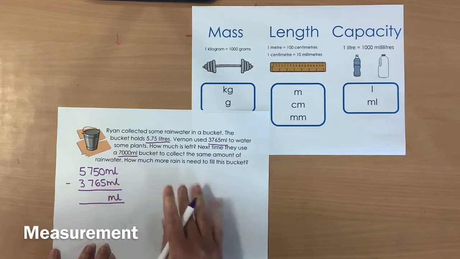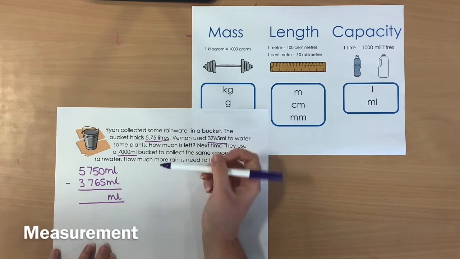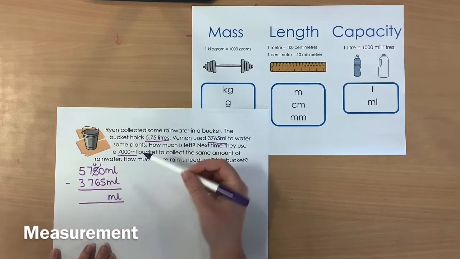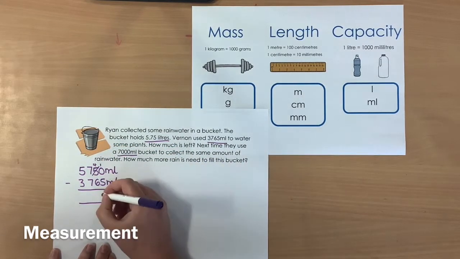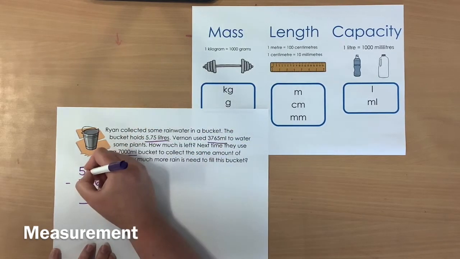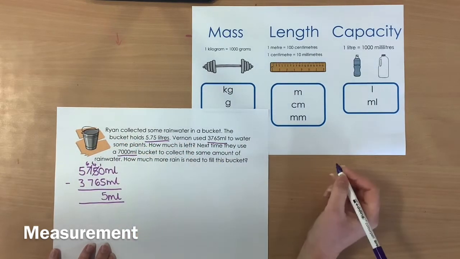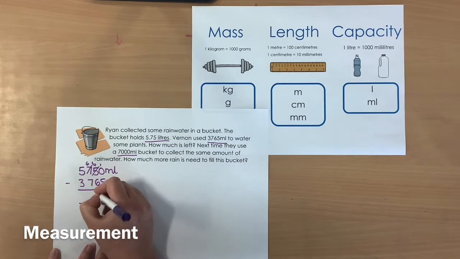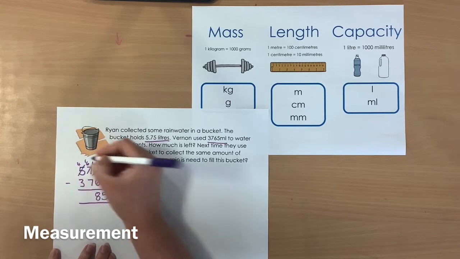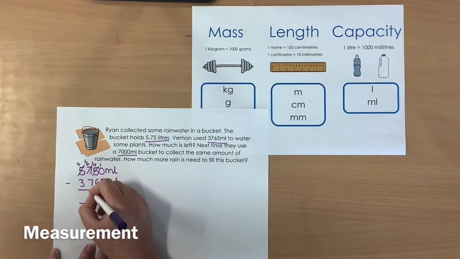To work this out, starting with my ones, 0 ones subtract 5 ones, I can't do, so I'm going to need to regroup. Now 10 ones subtract 5 ones is 5 ones. 4 tens subtract 6 tens, once again I can't do, so I need to regroup. 14 tens subtract 6 tens is 8 tens. 600 subtract 700, can't do. 16 hundreds subtract 7 hundreds is 9 hundreds.